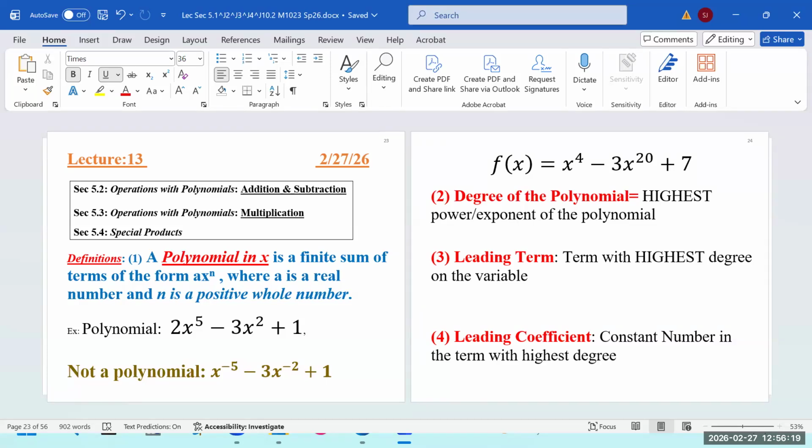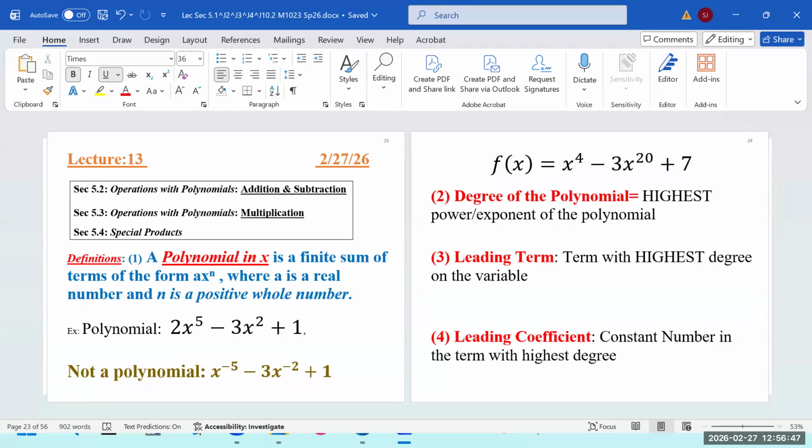One example of a polynomial is here, 2x to the 5 minus 3x squared plus 1. There are 2 powers here, 5 and 2. Both are positive, both are whole number. So it's a polynomial. A counter example of it being polynomial is the second one. x to the negative 5 minus 3x to the negative 2 plus 1.